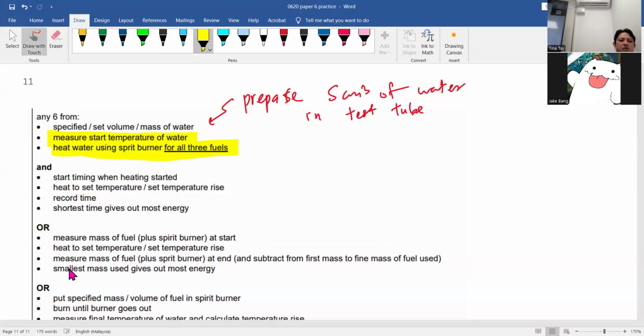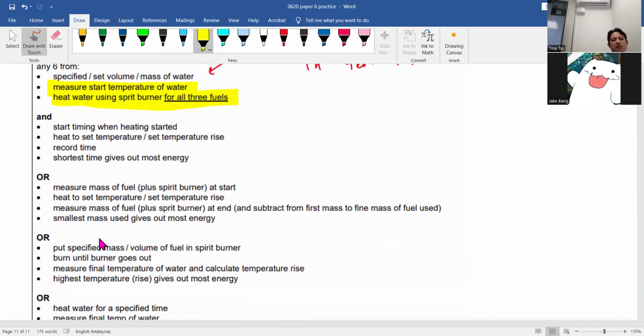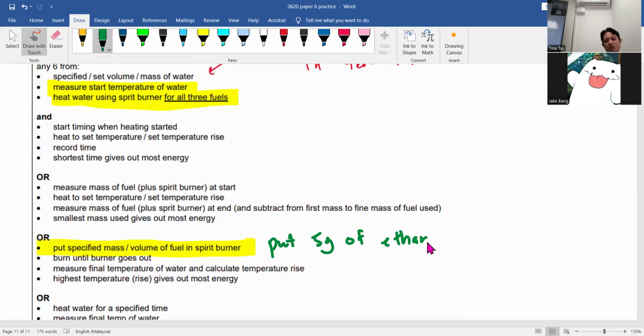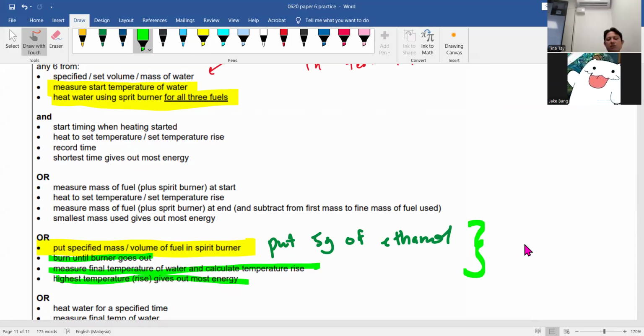You just put a specific mass of fuel. Don't just say put, say put 5 grams of ethanol. Then burn until the burner goes off, and then measure the final temperature of water and calculate the temperature rise, the highest temperature. So this is the easiest one.